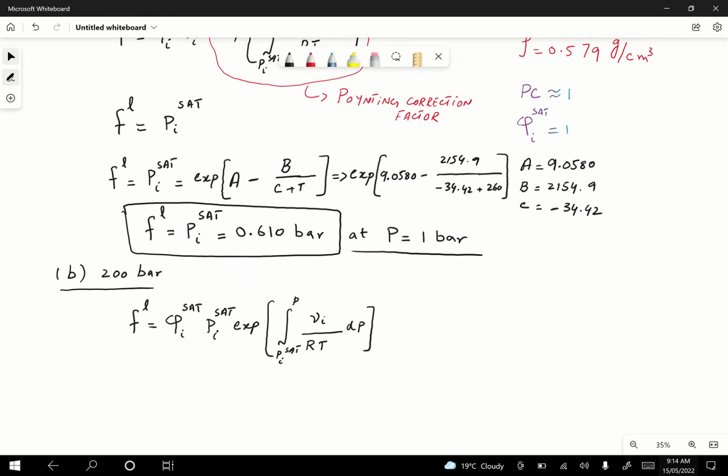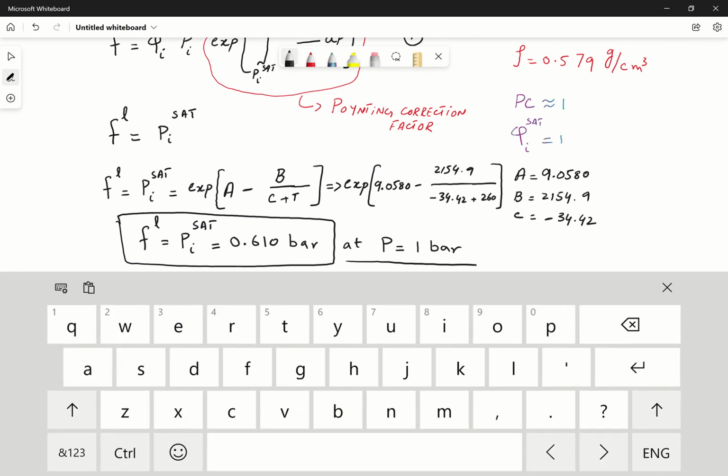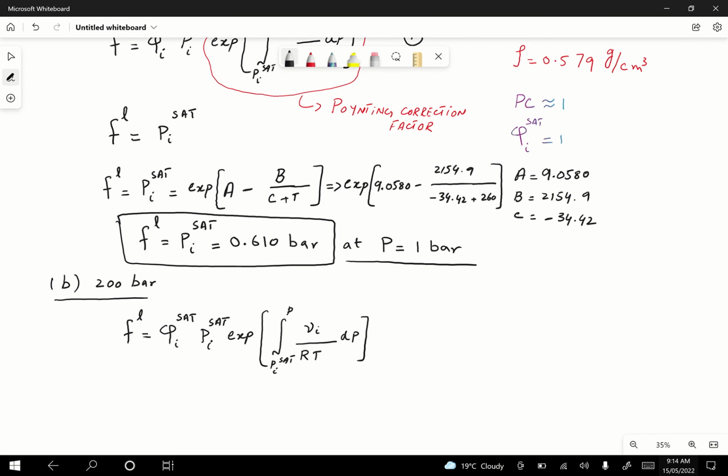Now the temperature we already know, which is 260 Kelvin. Saturation pressure, now I can put the data here again for these things. So temperature is 260 Kelvin.